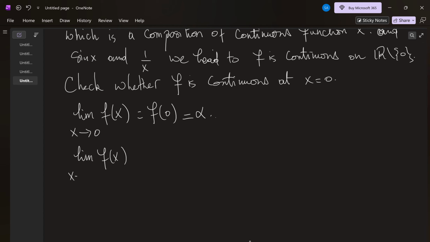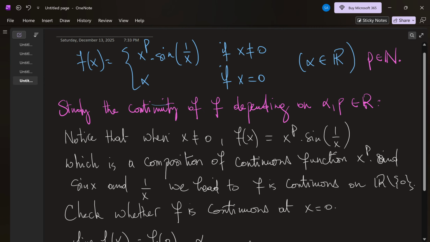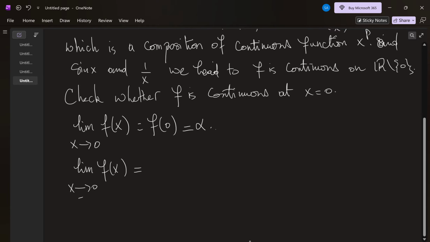Now the limit of f of x when x goes to 0. So in this case, our function, either with the smaller values of x or bigger values of x, x is different from 0. So it is equal to the limit when x goes to 0 of x to the power p sine 1 over x.